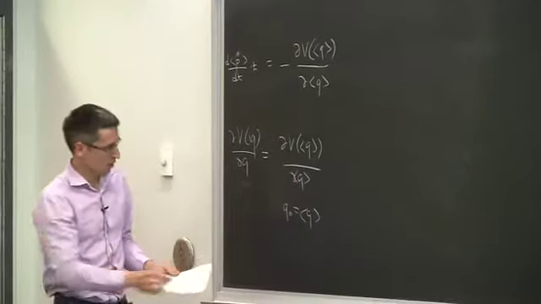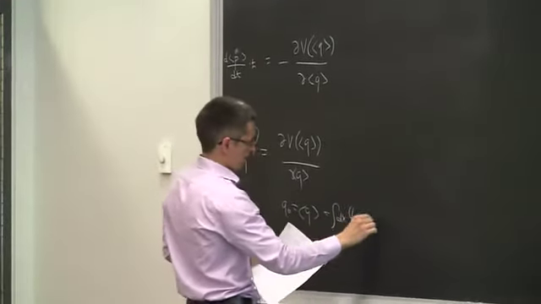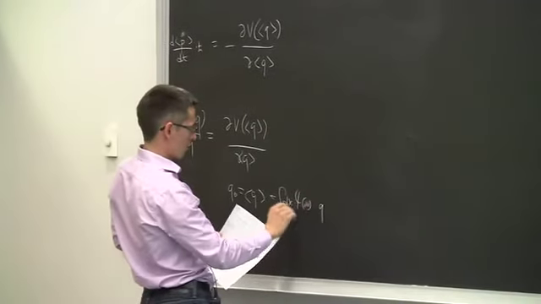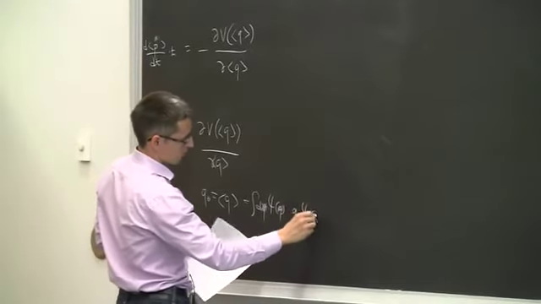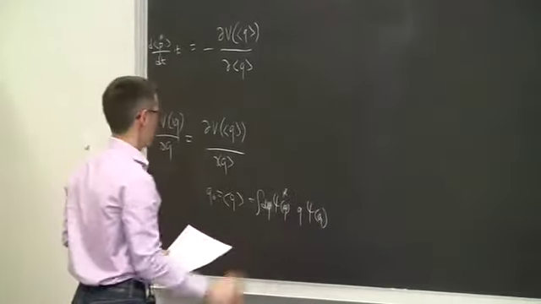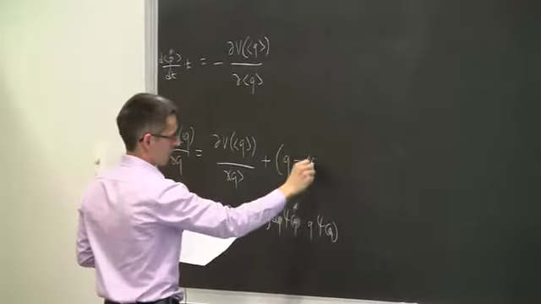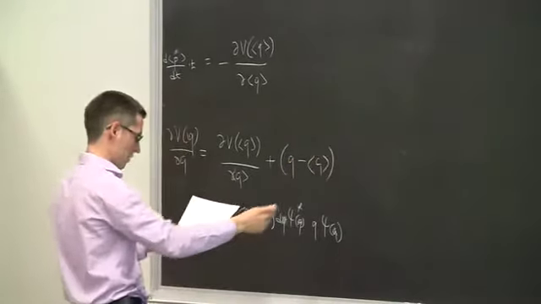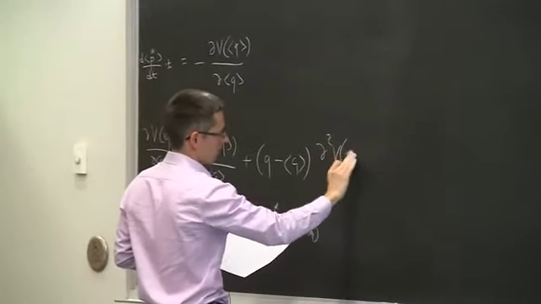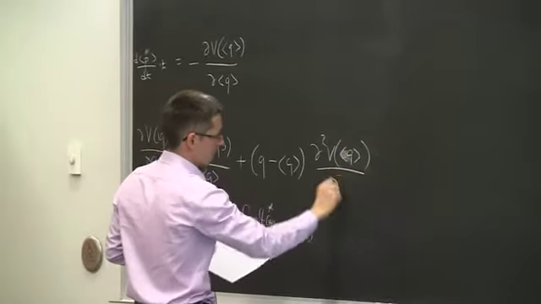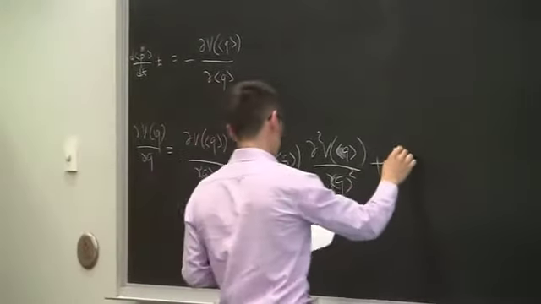This is the integral over psi star q psi, so q is x. And then the other terms will be like in a normal Taylor series expansion: q minus q average, times the second derivative of v at the point of q average, plus the third derivative, and so on.